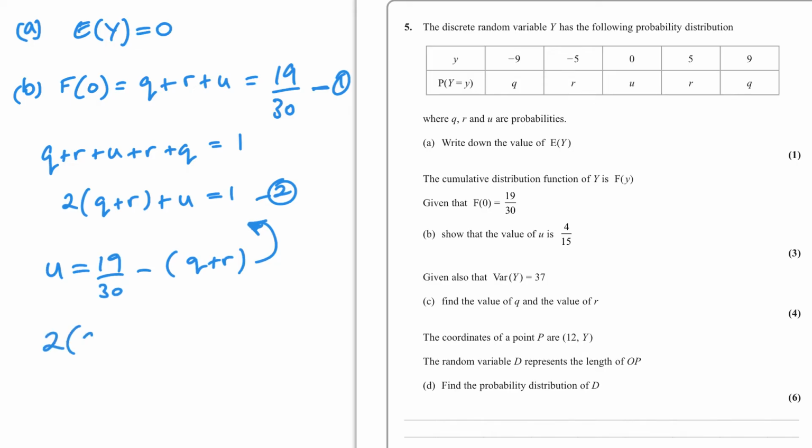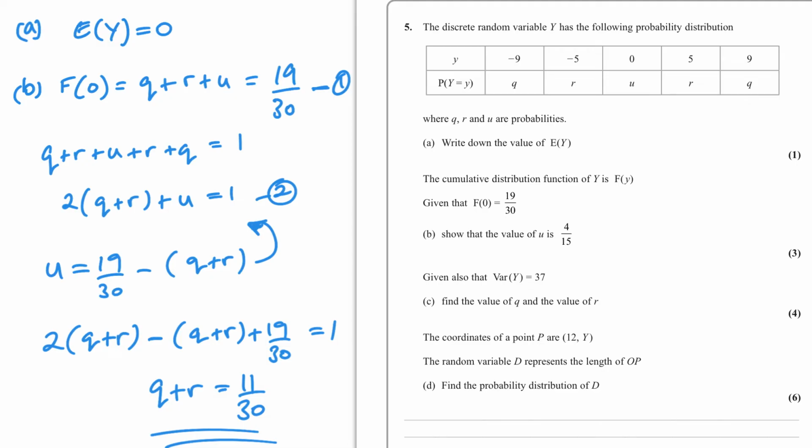So I get 2q plus 2r minus q plus r and plus my 19/30, and that totals 1. So I got q plus r equals 11/30. So that's one bit of information.